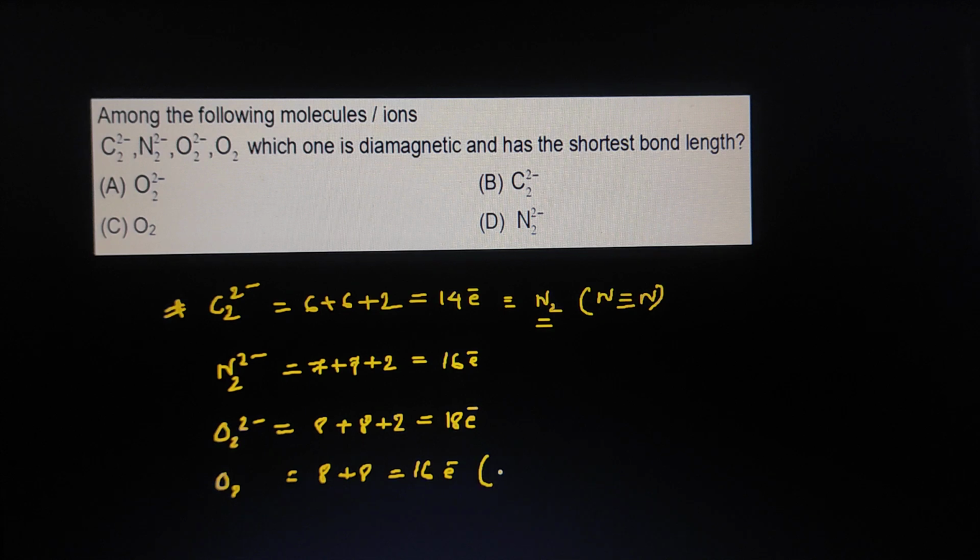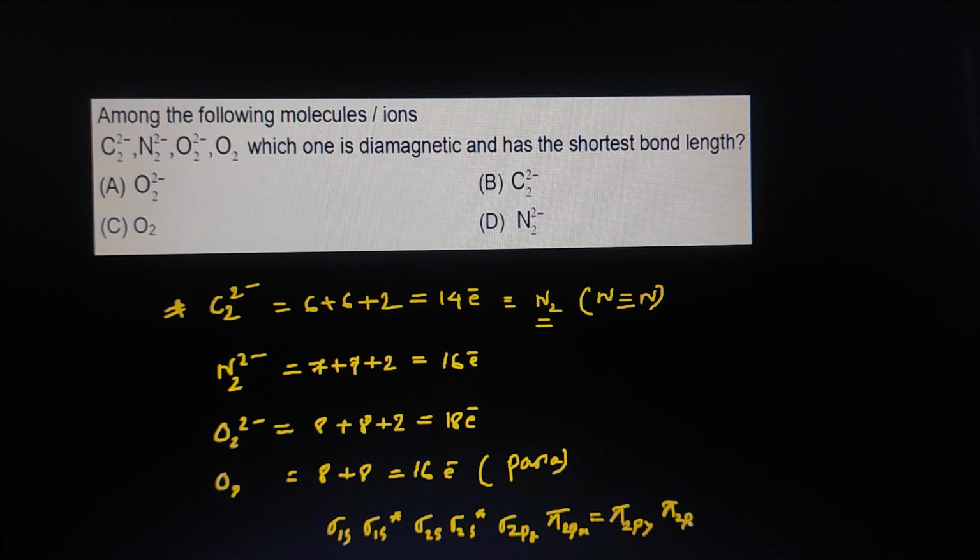As we know that O2 is paramagnetic. O2 is paramagnetic because if we see the MO diagram or MO energy levels, here we can write sigma 1s star, sigma 2s star, sigma 2pz, pi 2px equal to pi 2py, and pi 2px star equal to pi 2py star, and sigma 2pz star.